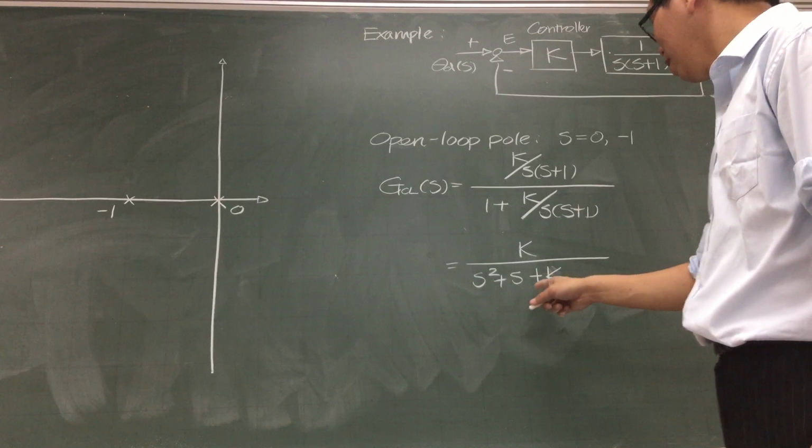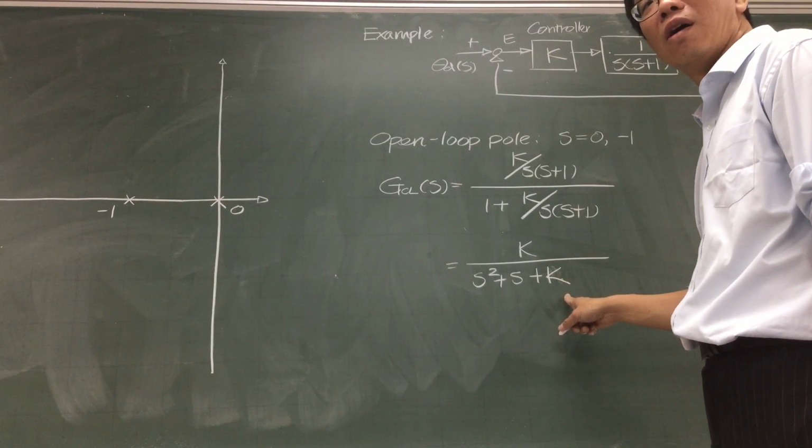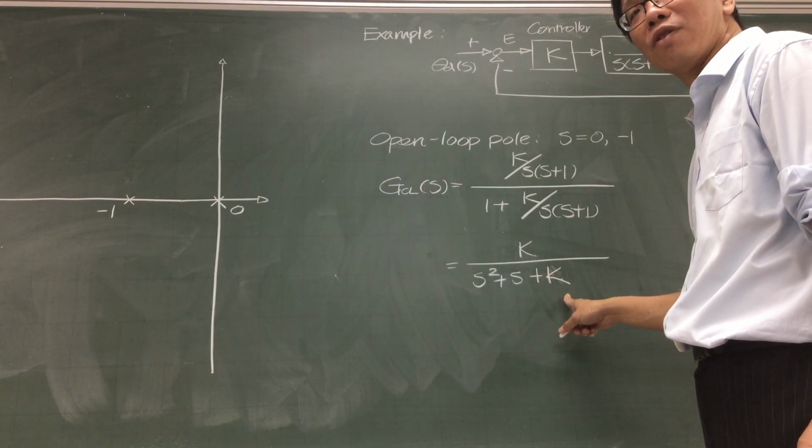Because if your k is too small, it remains as a first order system.